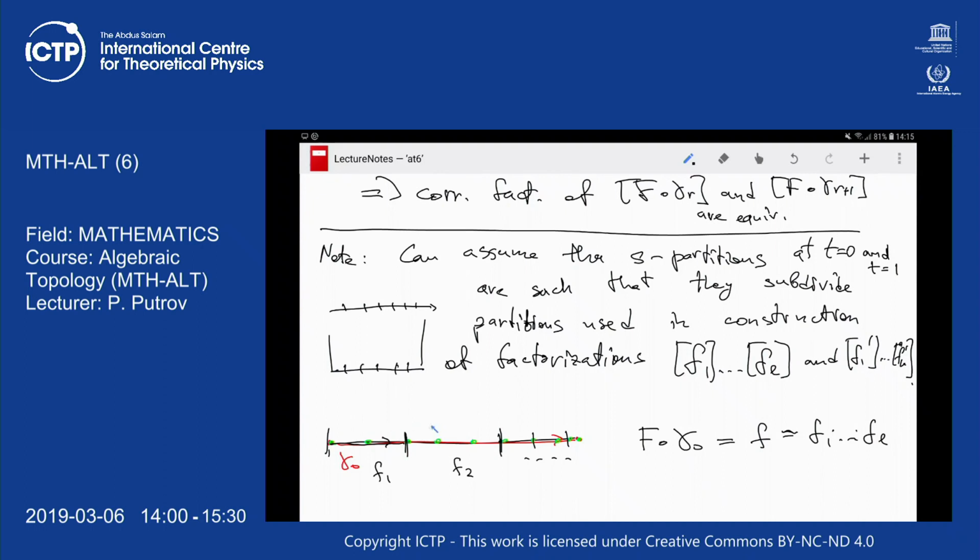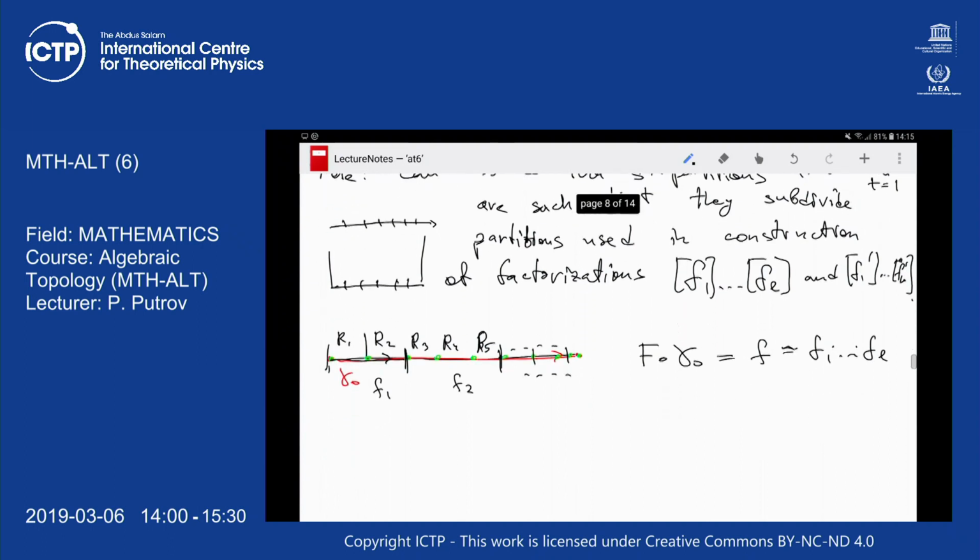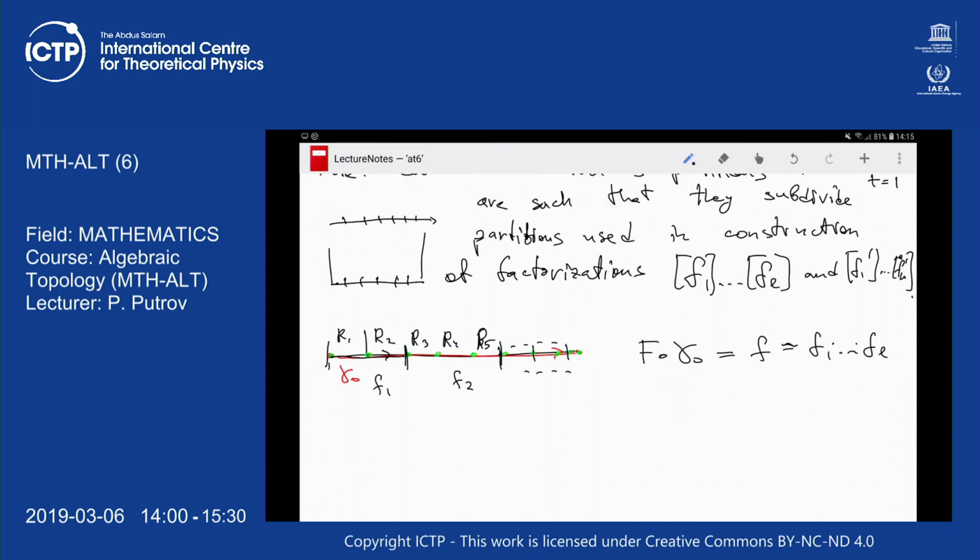So, for example, here will be R1, R2, R3, R4, R5, and so on.